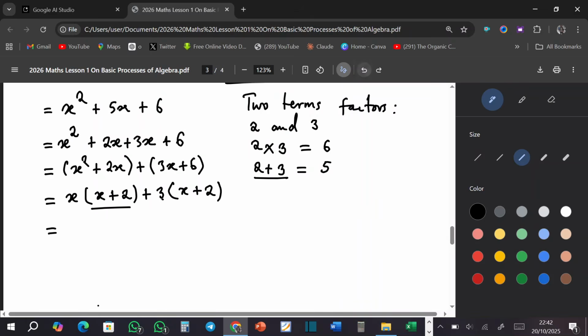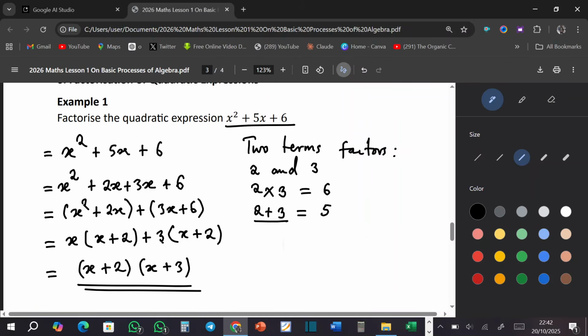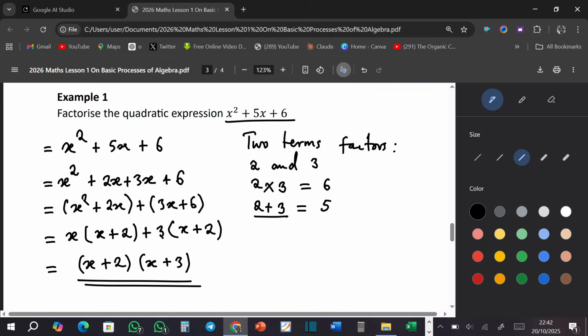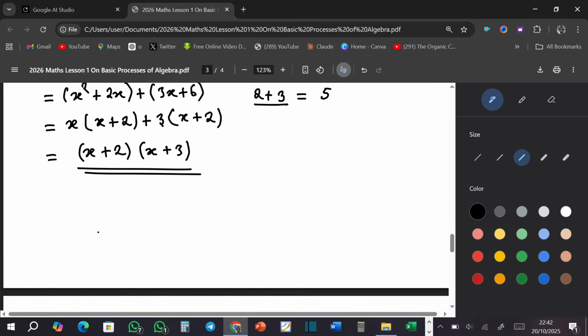So we factor out that which is common, which is x plus 2, put it in brackets. Then on this side we remain with open brackets x. On this other side we remain with plus 3. You put like that. That is factorizing. You have done the factorization of a quadratic function.